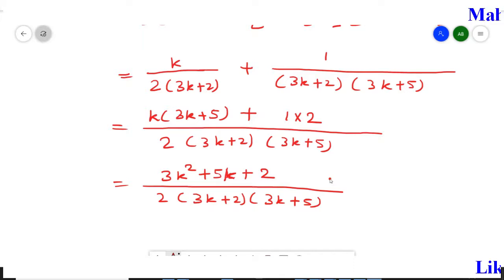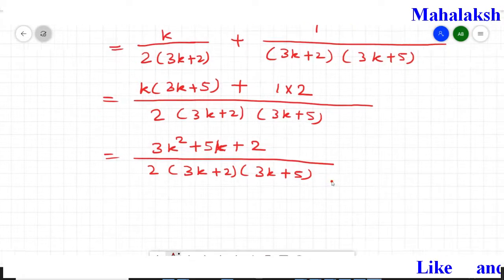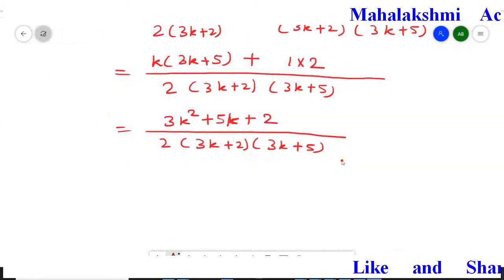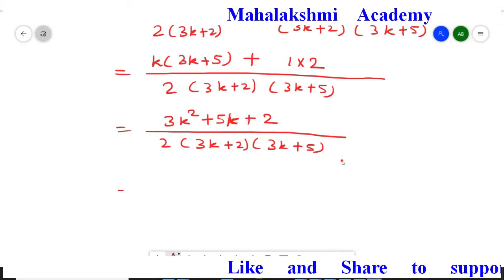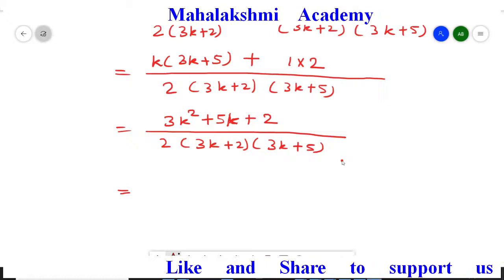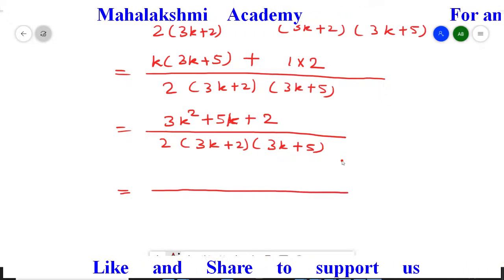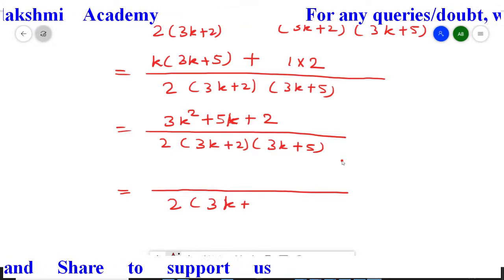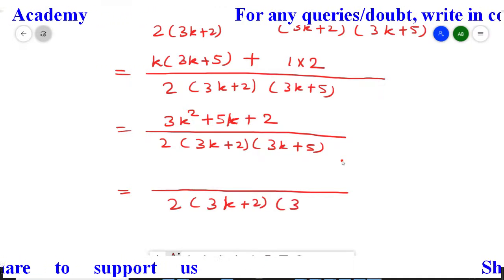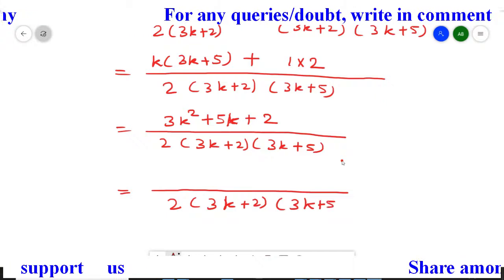Now you just factorize it, because students, when we factorize, then only the brackets will get cancelled. So we have to factorize the numerator, and keep the denominator as it is, that is 3k plus 2 as it is, and 3k plus 5 also as it is.